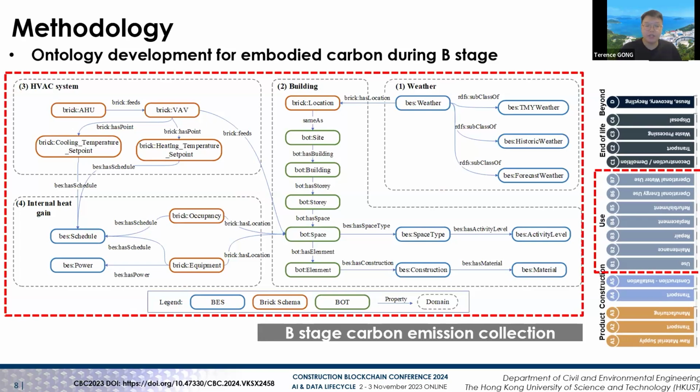For the B stage, the operational carbon, we also have an ontology, which mainly comes from the HVAC, the internal heat gain, the building itself, and the weather. Using these four parts, we can track all the operational carbon in the building's life cycle.